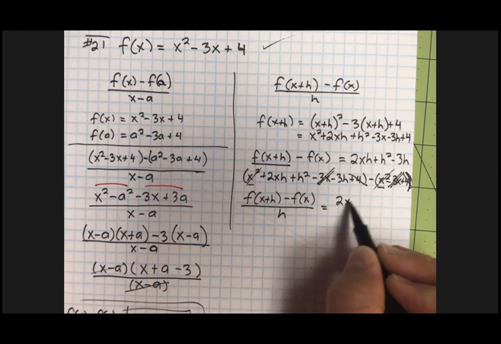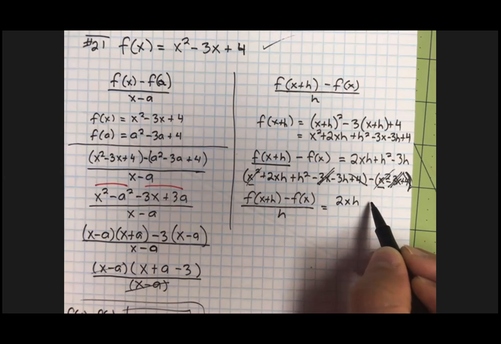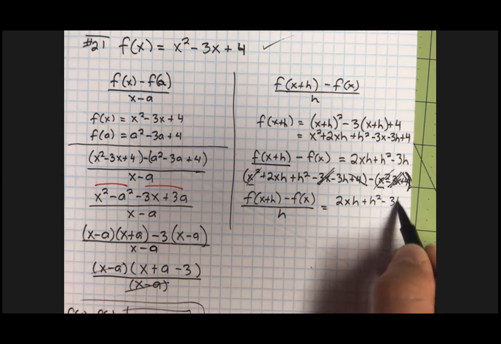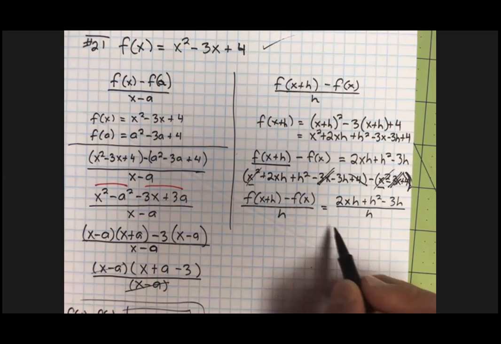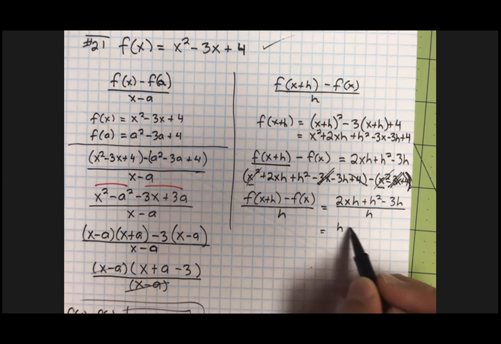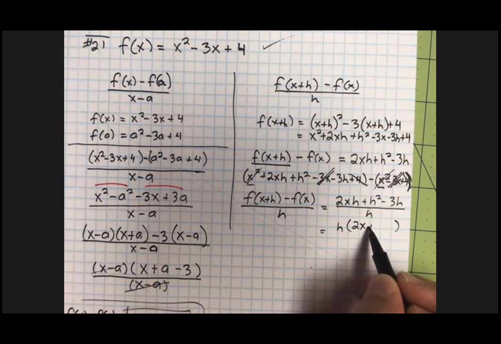So let's try it out. 2xh plus h squared minus 3h. But let's divide by h. Now everybody up top got an h, so I can factor that out. 2x plus h minus 3.